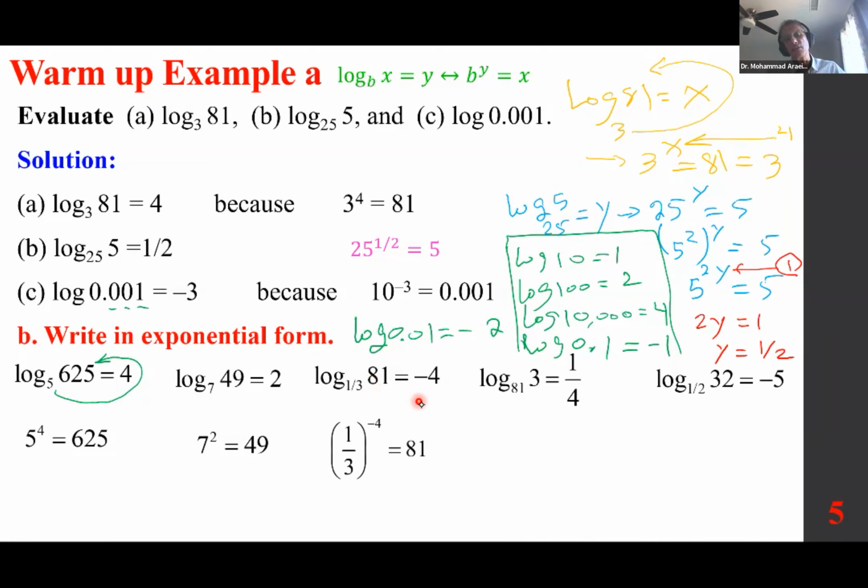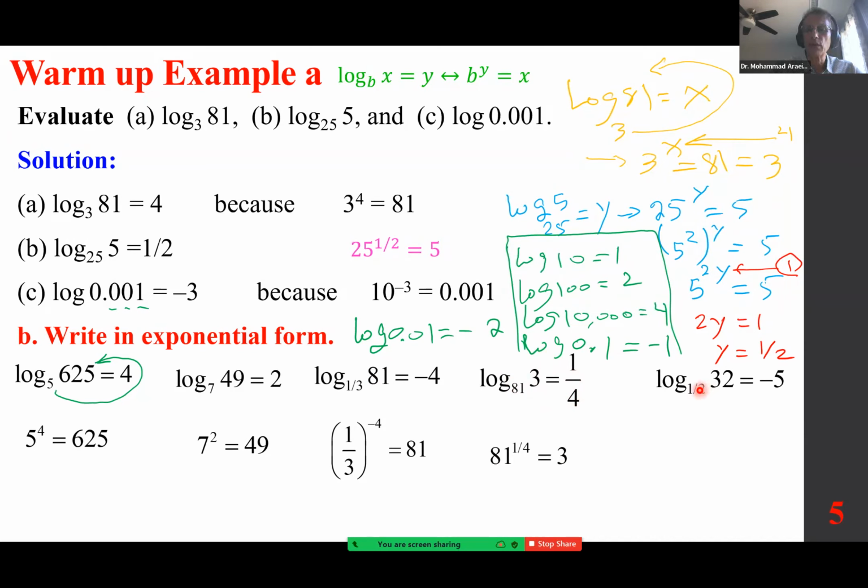I don't want you to be scared of negative numbers, fractions, things of that nature. How about this one? How would you rewrite this? Anyone? 81 to the power of 1/4 is 3.